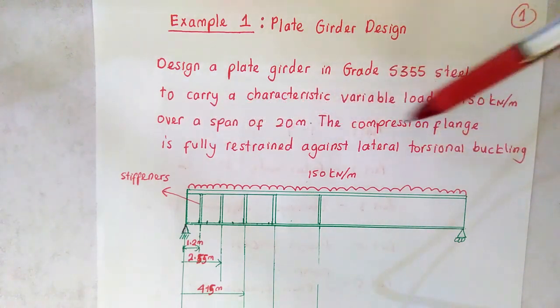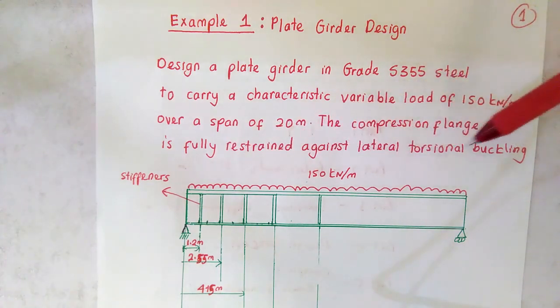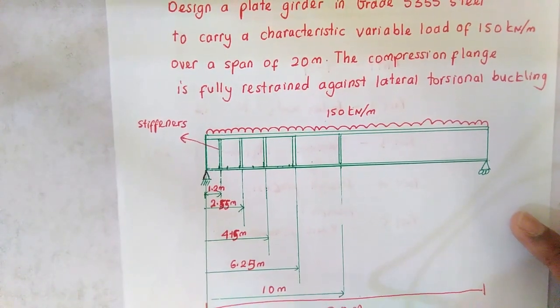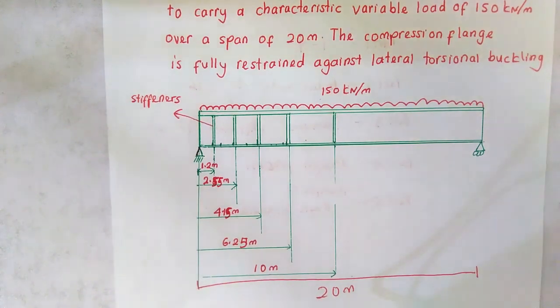The compression flange is fully restrained against lateral torsional buckling. So if you can see here, this is the figure of the plate girder. The plate girder has a 20-meter length and supports a 150 kilonewton per meter load.